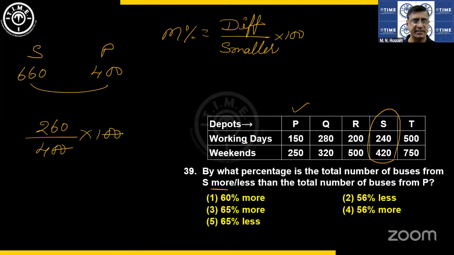Zeros get cancelled. What is the next? 4. It goes how many times? 6 times of 4 is 24. Left with the 2, that is a 20. 20 means 5 times. So 65% more. The right choice, 3. Third choice is the right option.